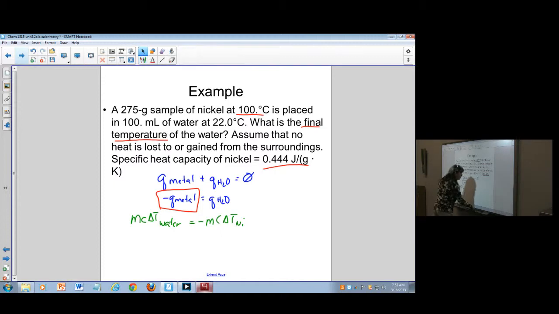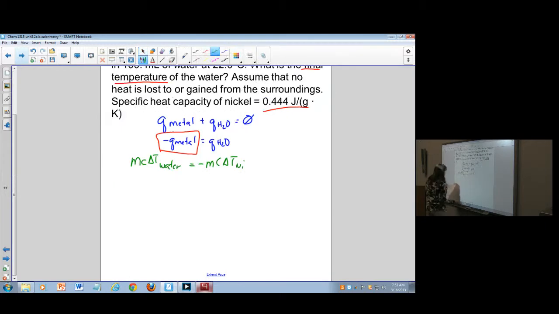Now, we know everything in this reaction except the final temperature. We've got to find our final temperature, so we're still not quite done with setting up our reaction. Let's go up here. We'll do the water first. 100 grams of H2O.